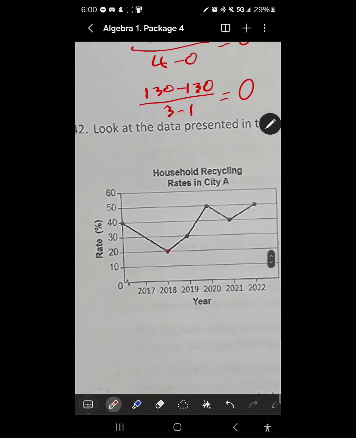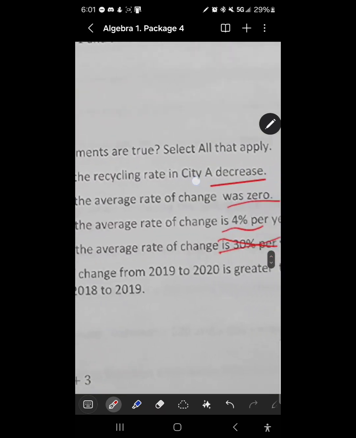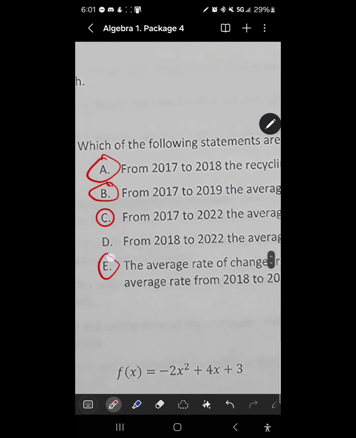So we have 50 minus 30 over 20 minus 19, which is just a year. So it will be 20%. And then in this case, we have 30 minus 20, which is going to be 10%. So yeah, this one is a lot greater. So this is true.